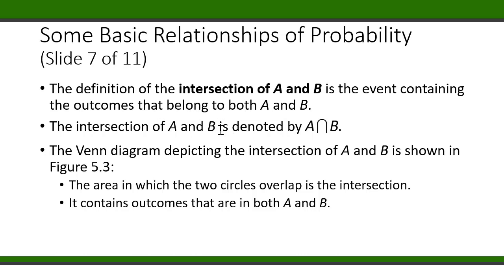When we talk about the intersection, that is the intersection of event A and event B, that is the portion where both events belong to both A and B. And you usually see it written like this, A intersection B.